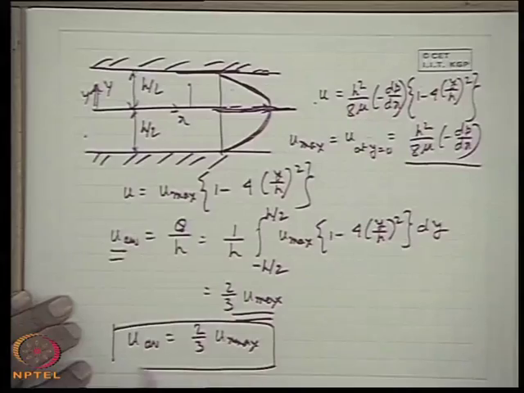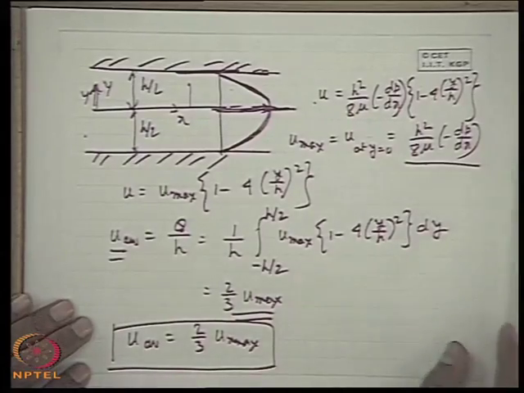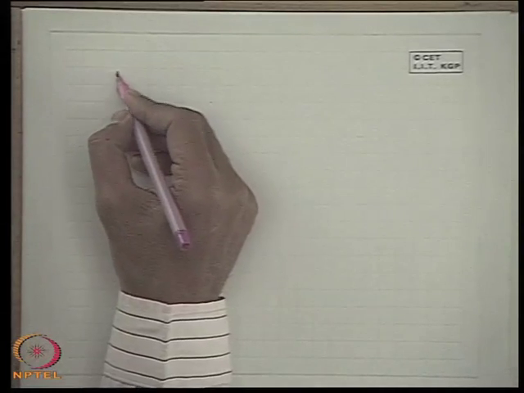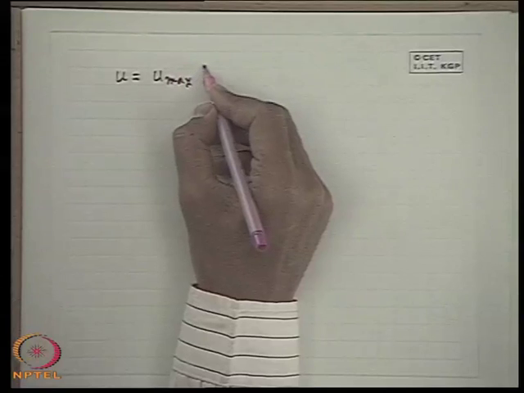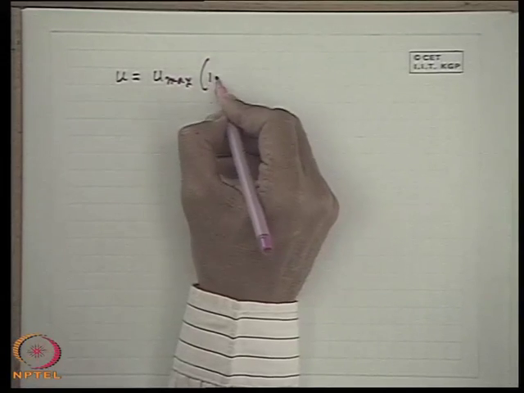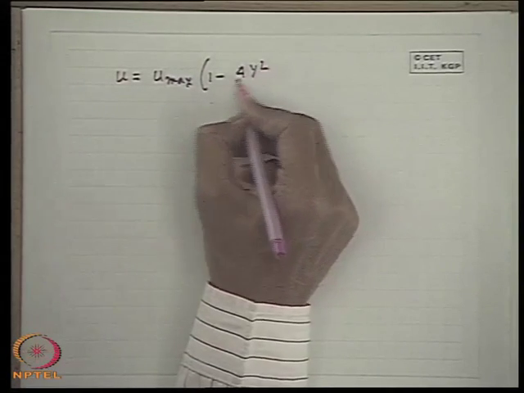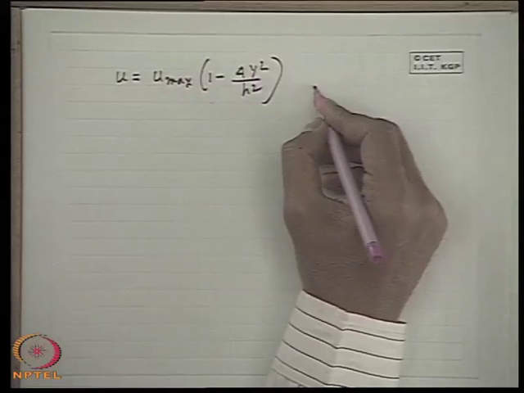Now, if we write the expression for shear stress, what will be the expression for shear stress? Again I write u is equal to u max, in terms of u max, it will be 1 minus 4 y square by h square. This is the expression.